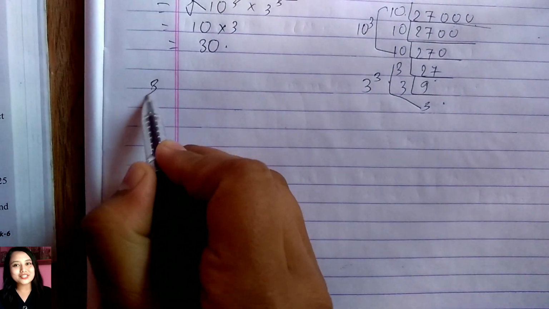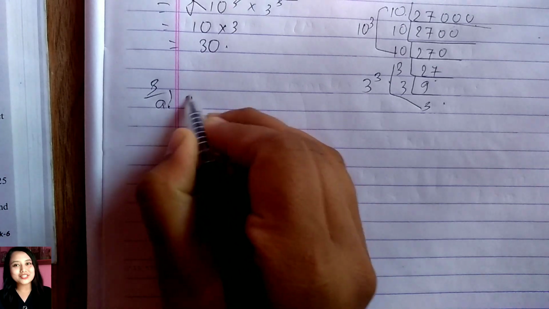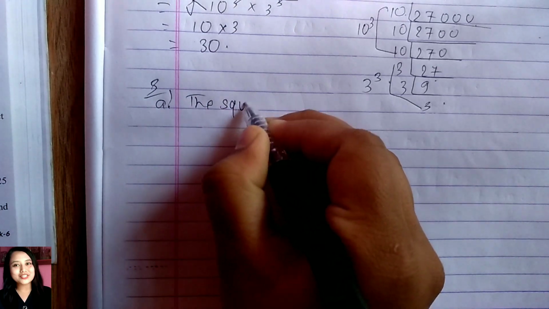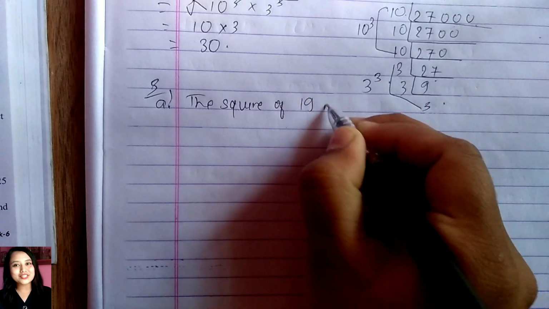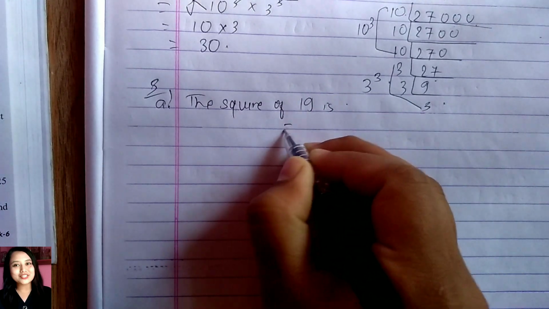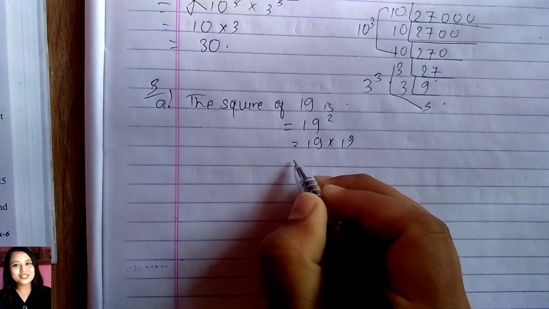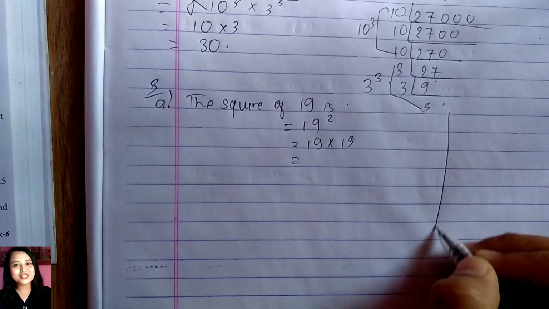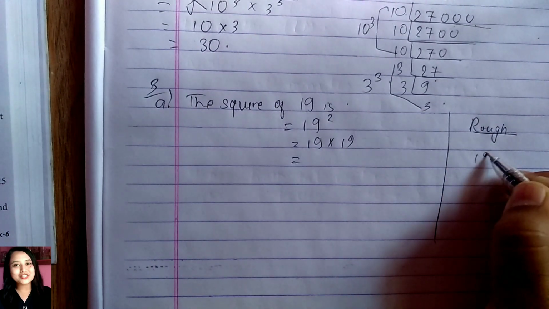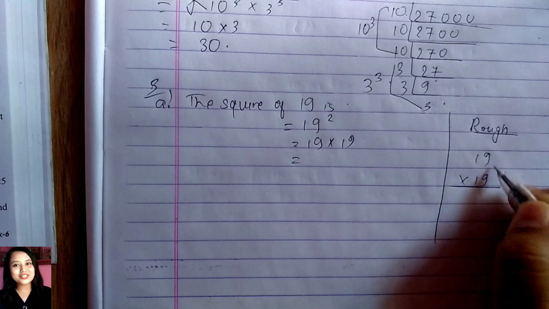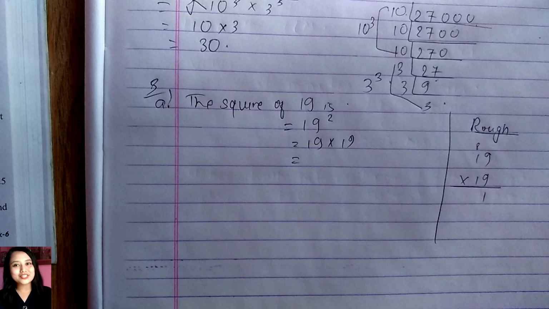Here in 3A, the question is saying to find the square. The square of 19 is equal to 19 square, equal to 19 into 19. So we can just write it in rough, then multiply 19 into 19. 9 9s are 81, right? It will be carry over.